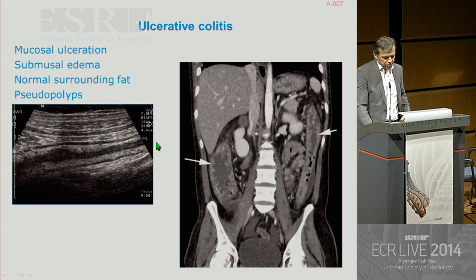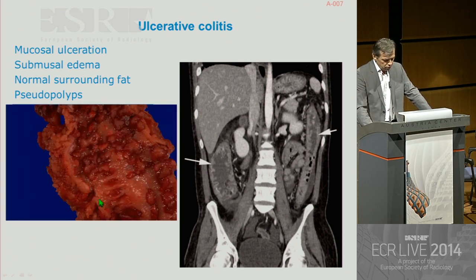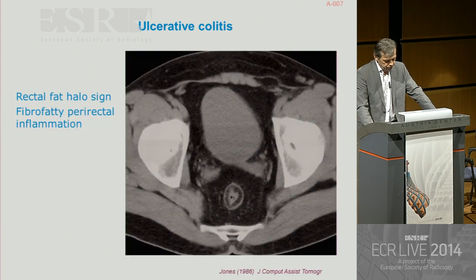What about ulcerative colitis? Like the same image I showed on ultrasound, it mainly involves the submucosa and the mucosa, and not the muscularis layers. In the advanced form, you can have this kind of pseudopolyp, with the abnormality of these pseudopolyps due to the normal area of the wall in between the superficial ulcers.